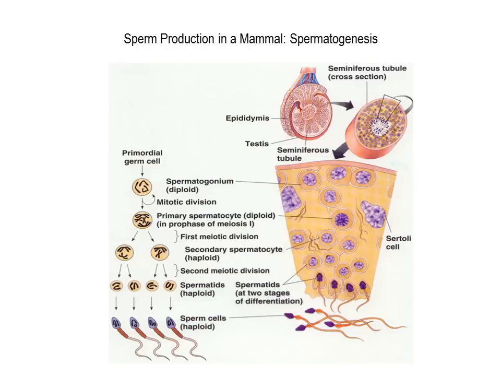spermatocyte. Once they have completed a round of meiosis, and they're going into the second, they're then a secondary spermatocyte. Okay, and the salient feature there, look, it's even on the slide, is that they're haploid.